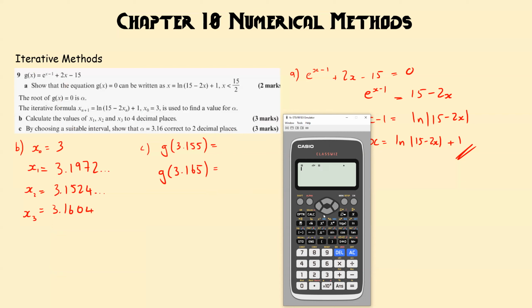So e to the ans minus 1 plus 2 ans minus 15. Right, and now I need to get my actual value. So 3.155, I should have put this in first. Put it in there, so I get minus 0.062.